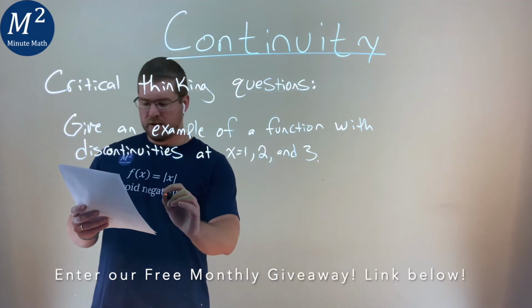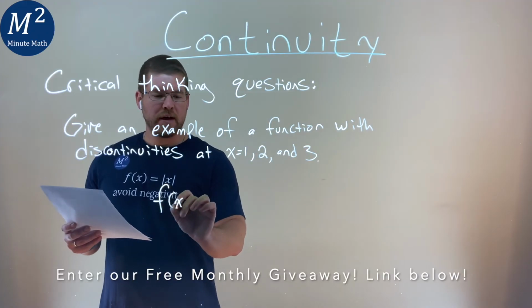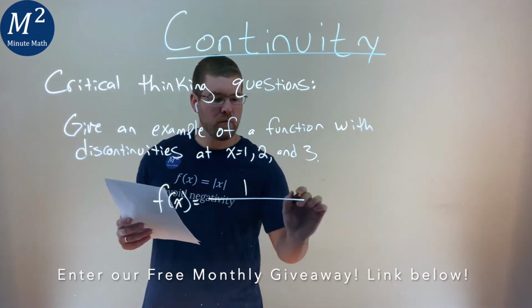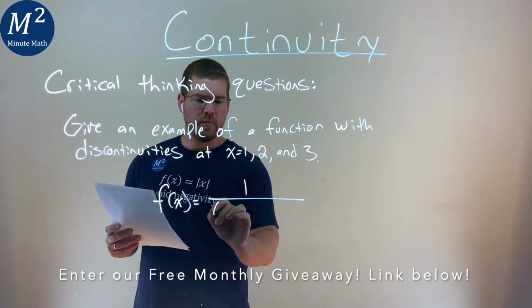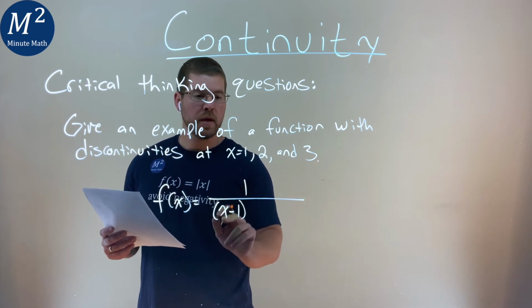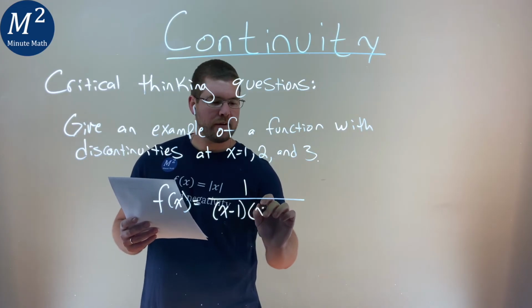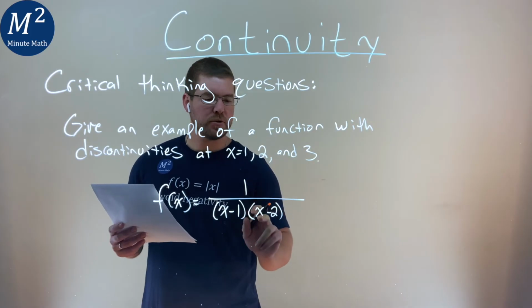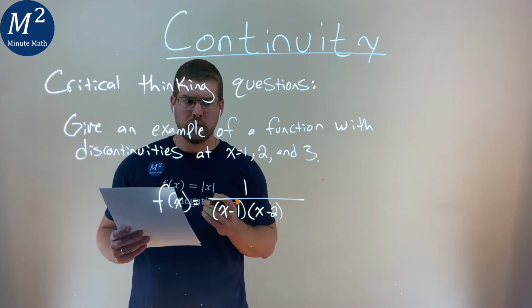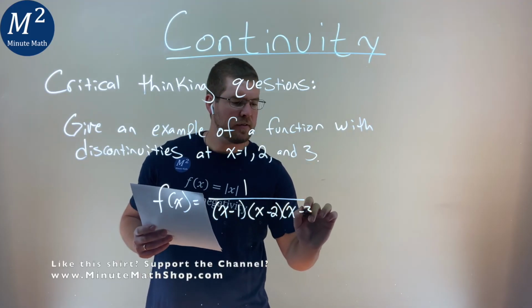So again, there are many answers, but if we say f of x is equal to 1 over, watch this. If I put an x minus 1, I plug 1 in, that denominator equals 0. I do an x minus 2 next to it, plug 2 in, we're dividing by 0 again. And lastly, x minus 3.